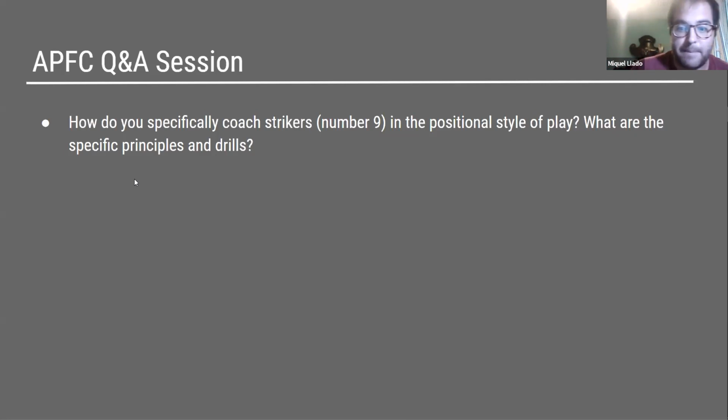If our number 10, number 8, even the winger going inside, receive the ball inside those spaces, then we might have an advantage, because the one who has received the ball is not the number 9, and the number 9 can make or create something. So this is the first question.